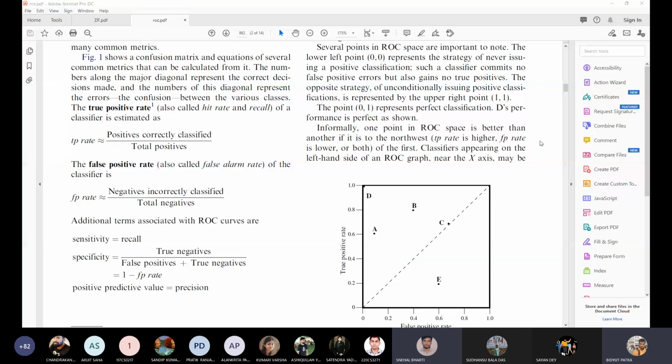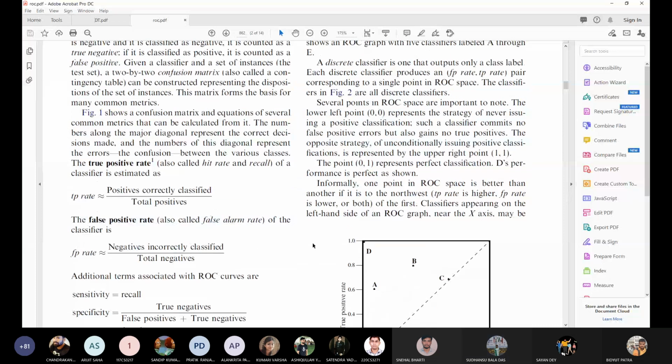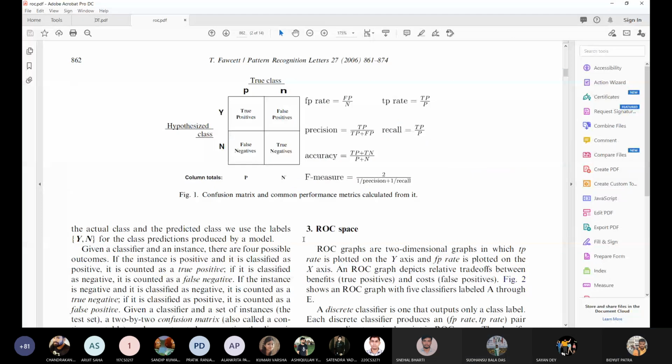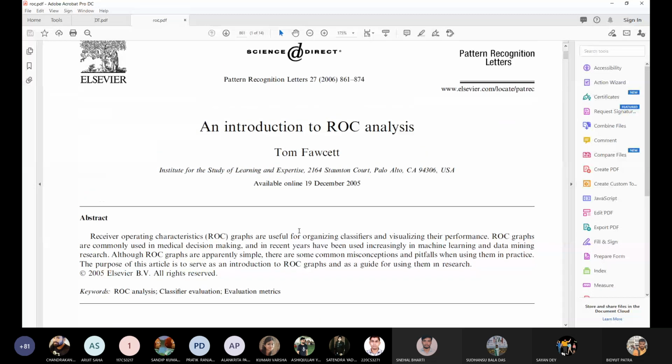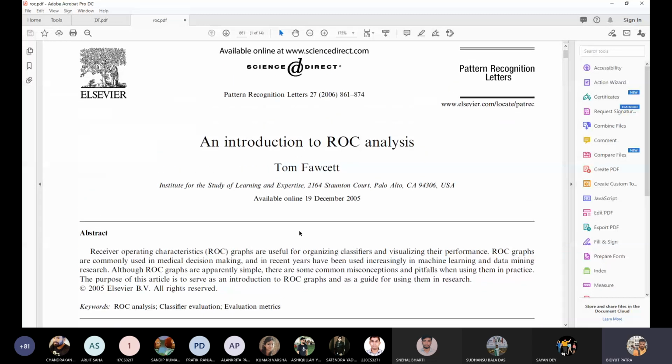Sudhanshu? I was just looking at the heading. I want to see that paper's name again, the full name. Okay, okay. Yes, sir. Now it is fine. Thank you.